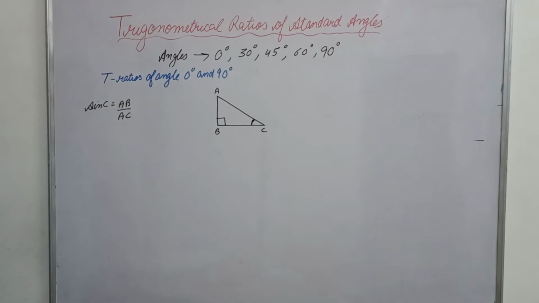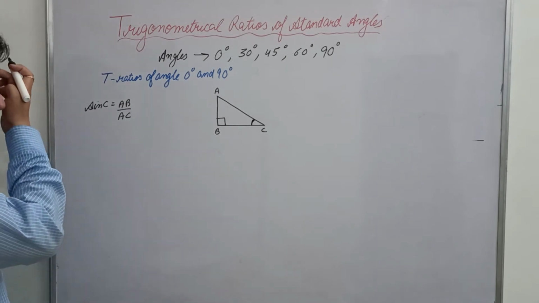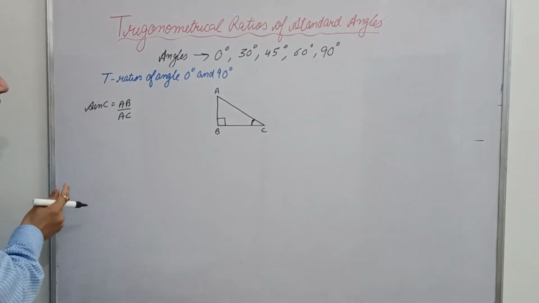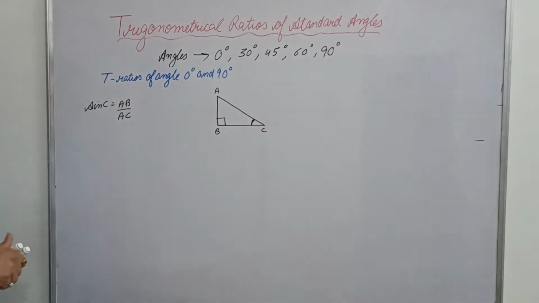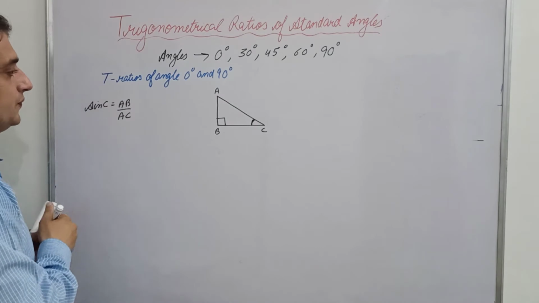So for the T ratio values of 0 and 90 degree, see here, the angle C has some value.